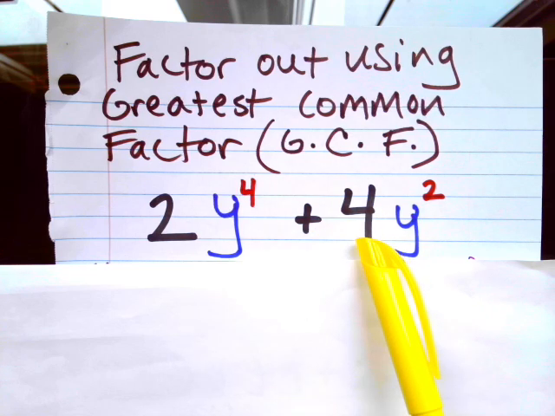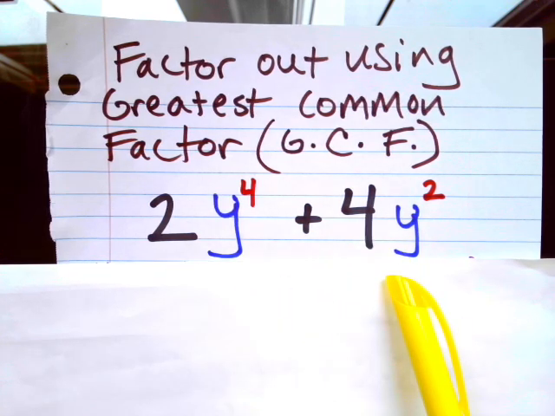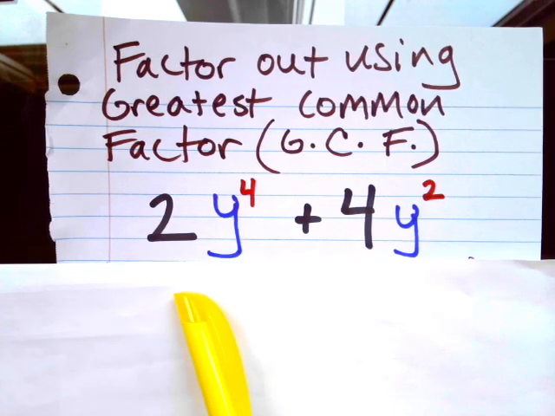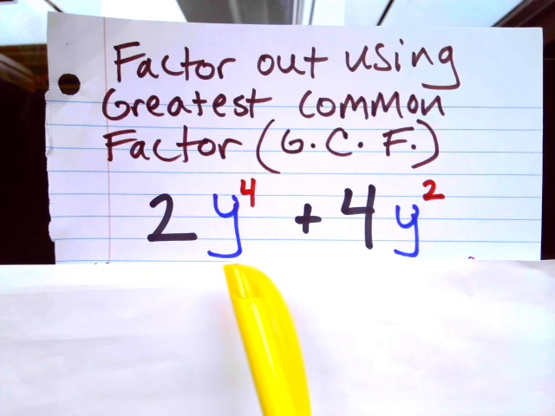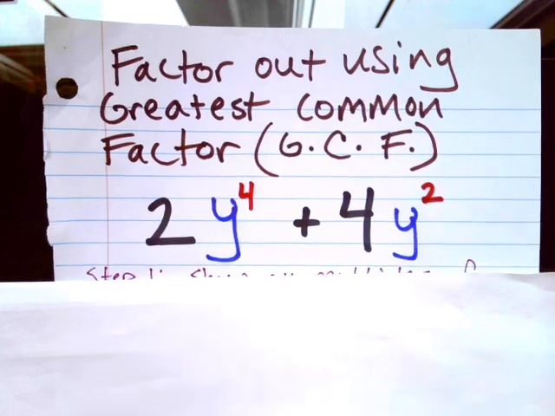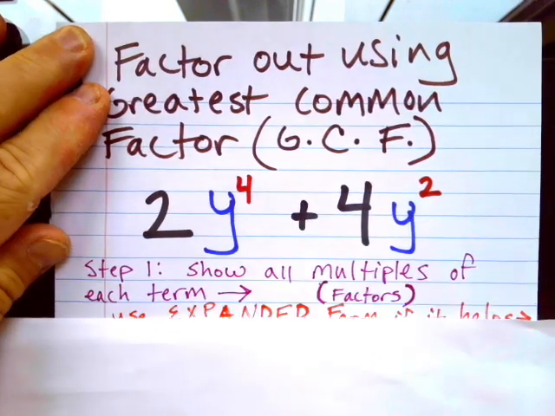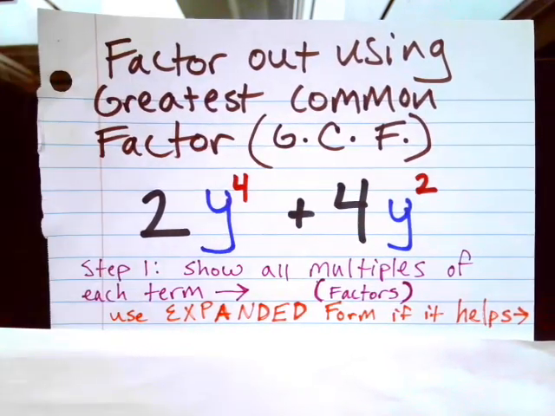I know 4 is divided by 2, so I can divide into both of these terms at least a 2. I have 2 y's, and I have at least 2 y's over here because I have y to the 4th. So I can divide 2y into both of these terms, which I'm going to show you in a moment. So again, the goal is to show all multiples of each of the terms.